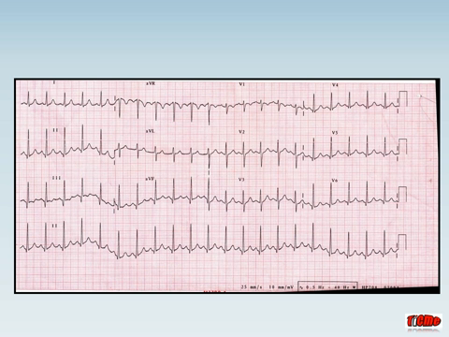Okay, first really easy example of regular narrow complex tachycardia. Let's start, look at our baseline. What have we got? Nice regular rhythm. Are there P waves? I think you'll agree the answer is yes. There's a P wave before each QRS. In the lead, is the morphology of the P wave the same? The answer is yes.